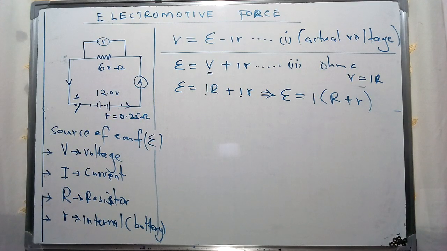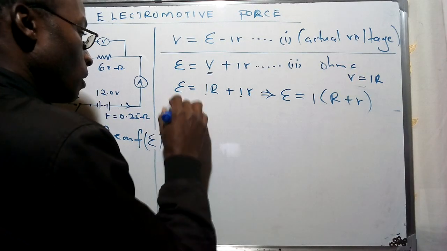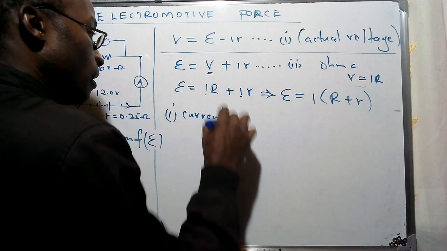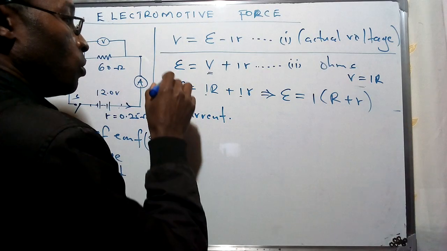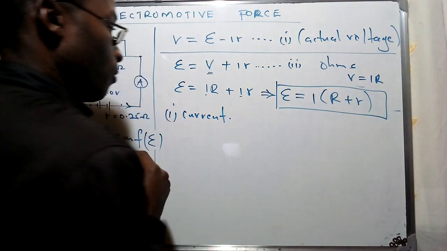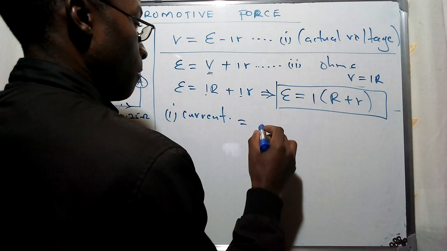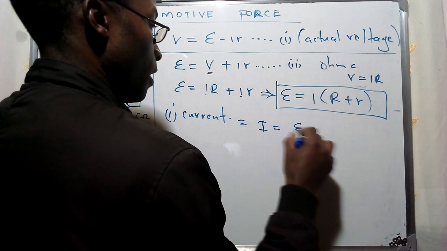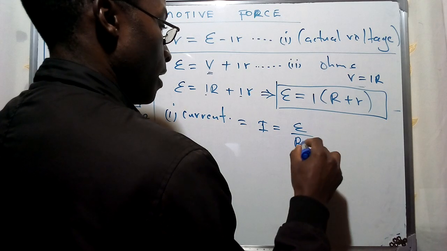From this specific relationship, we can evaluate several aspects of this particular circuit. Suppose we are required to find the current in the circuit, then we're going to use this specific equation and make current the subject of our formula, whereby we're going to have current I given in terms of E divided by R plus r.